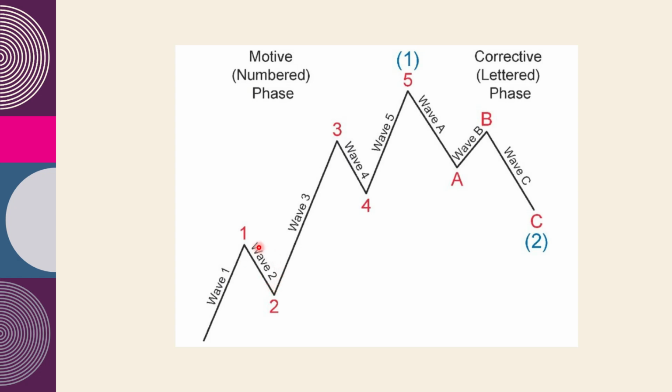So in this higher degree, though we see it as a single wave, there are 3 waves. Similarly, number 3 also makes up 5 waves, number 4 has 3 waves, and number 5 has 5 waves. So an impulse wave forms the structure of 5, 3, 5, 3, 5.